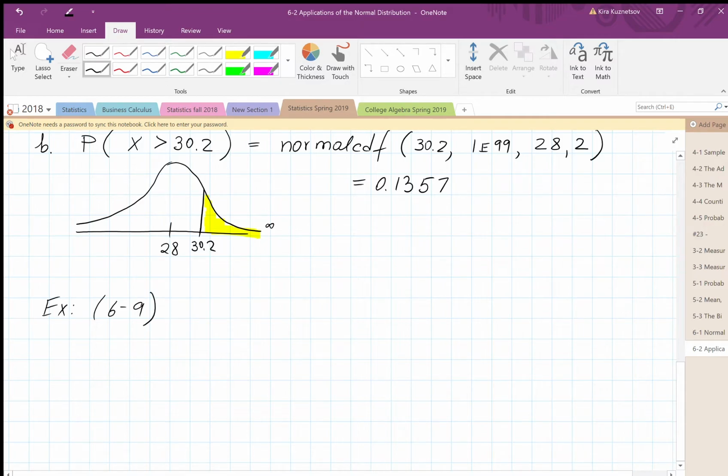I'm looking at 6-9. To qualify for Police Academy, candidates must score in the top 10% on the general ability test. Assume the test scores are normally distributed and the test has a mean of 200 and a standard deviation of 20. Find the lowest score possible to qualify.